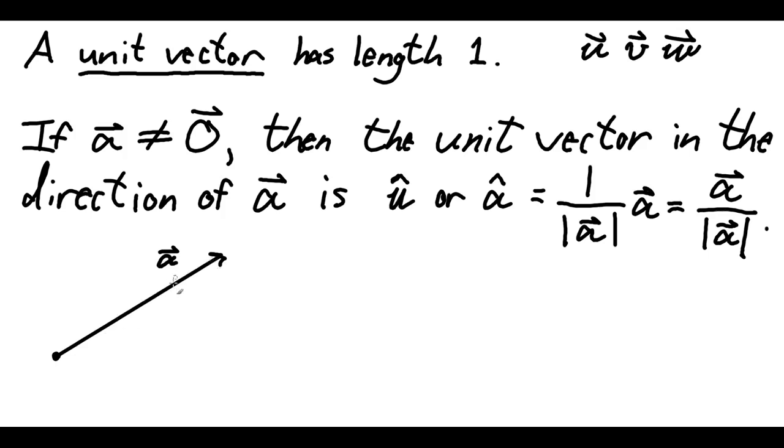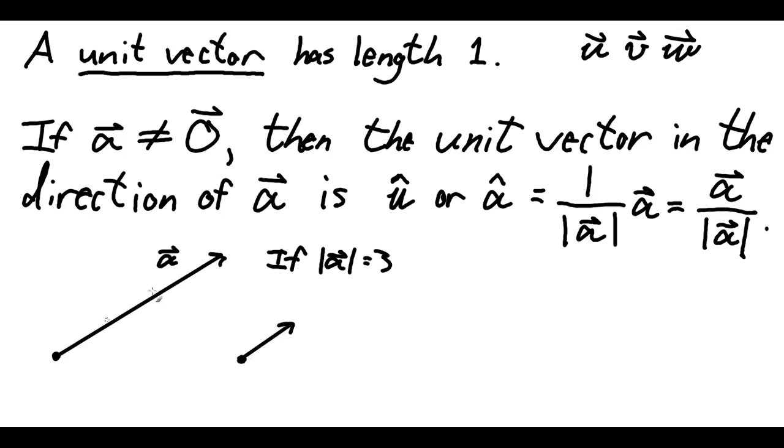So suppose, for example, that A has length 3, just for the sake of illustration. So if the length of A is 3, then we might have something like that.